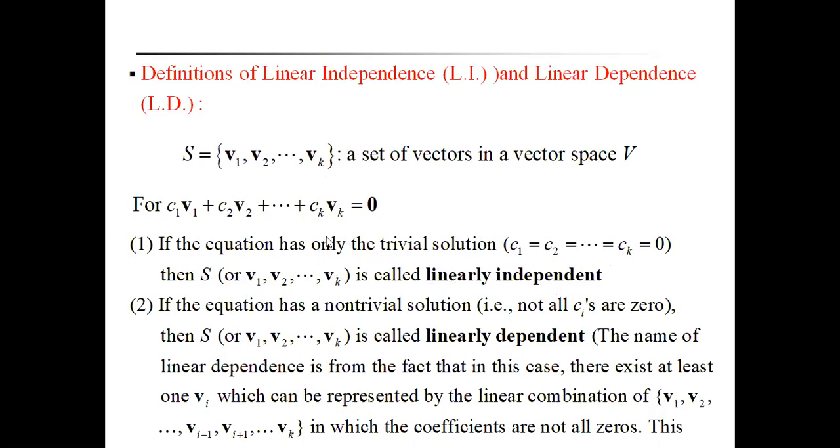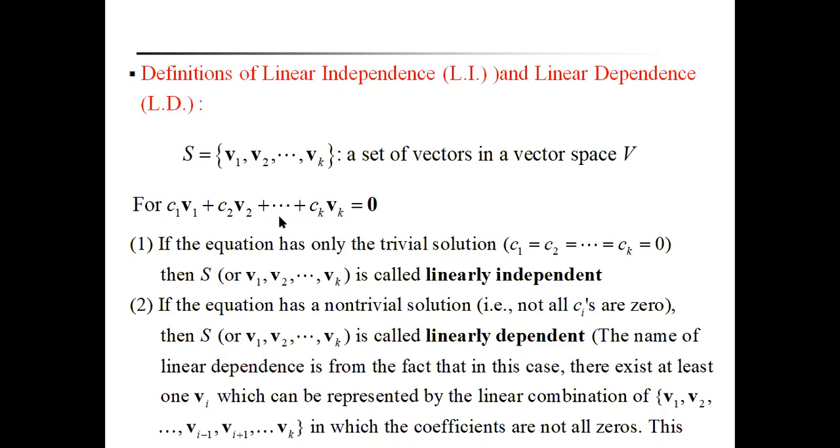If the linear combination equation has only the trivial solution, then the set is called linearly independent. In other words, a subset of a vector space V is said to be linearly independent if the linear combination C1 V1 plus C2 V2 plus Ck Vk equal to 0 implies C1 equal to C2 equal to Ck equal to 0.